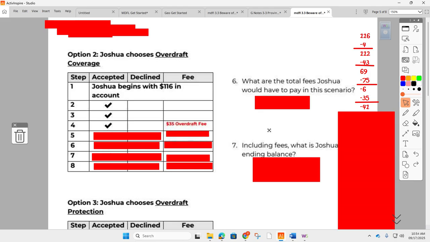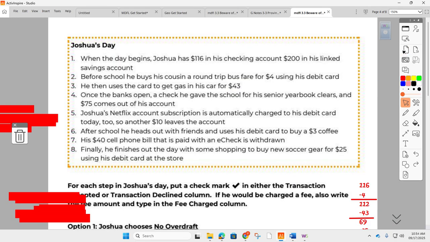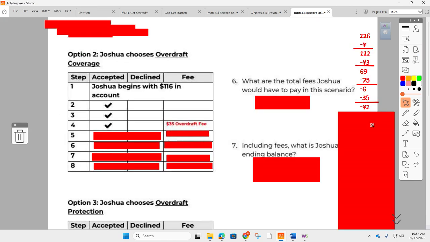Transaction 5 was his Netflix account, and auto pay is $10. He's negative now. They're going to pay everything. Everything's going to come off. His Netflix account brings his balance down to negative $51. They said they'll pay up to 3 overdraft fees, so is there going to be an overdraft? I mean, they'll charge up to 3 in one day. Does he have to pay an overdraft fee on this one?